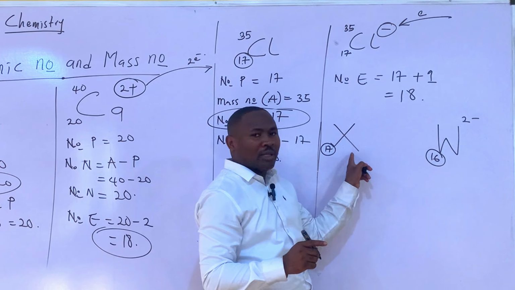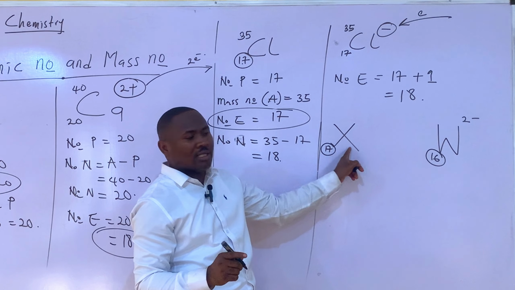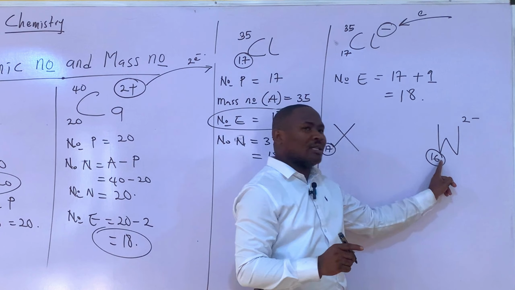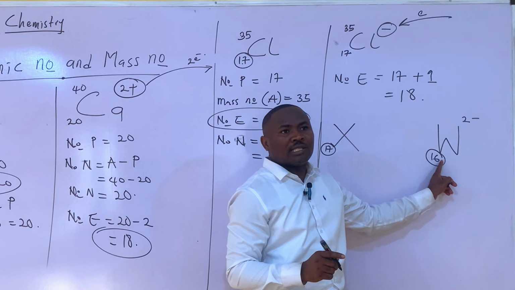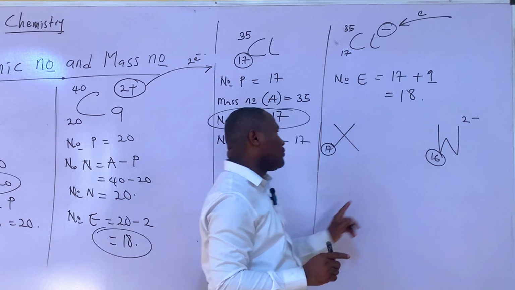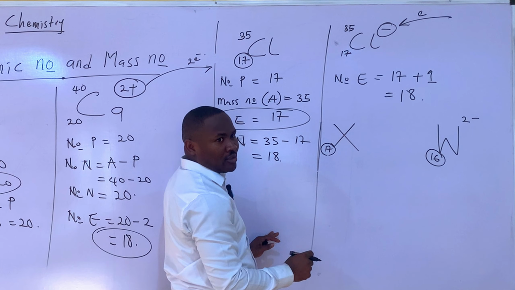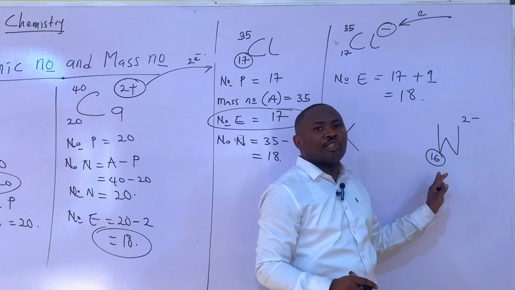So this element X is number 17 in the periodic table, while this element W is number 16. If you check very well, number 17 is chlorine, while number 16 is sulfur.